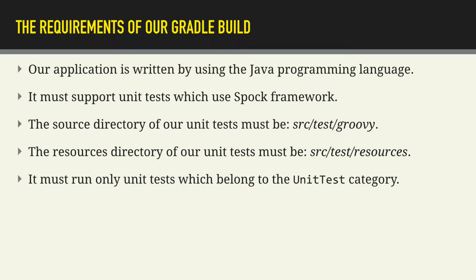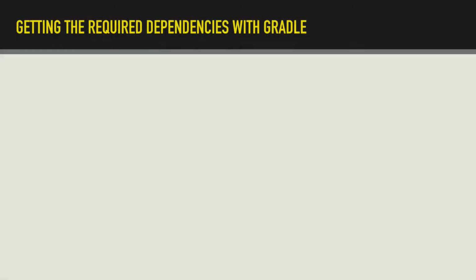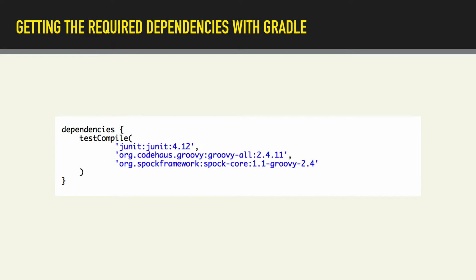Let's move on and find out how we can get the required dependencies with Gradle. We can get the required dependencies by declaring the following dependencies in our build.gradle file. 1. JUnit version 4.12.